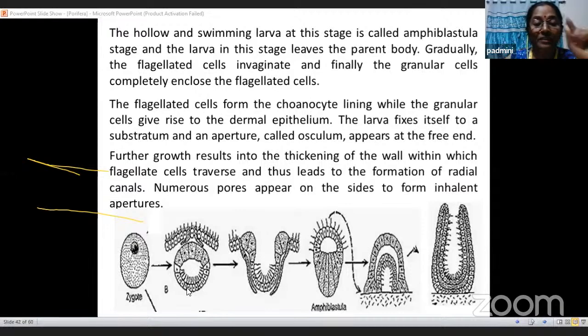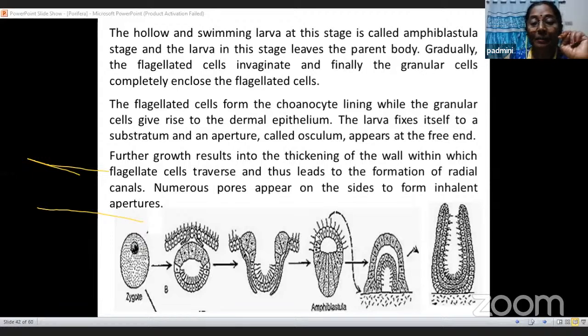All the micromere cells have flagella, and the macromere cells have large cell-like structures. Once the cell division has occurred and invagination occurs, the amphiblastula larva is formed. Amphiblastula means double. That is, it is having two types of cells over here, one is the micromeres and one is the macromeres.